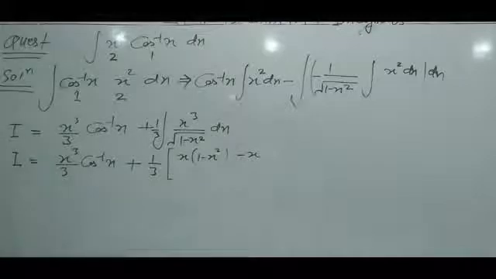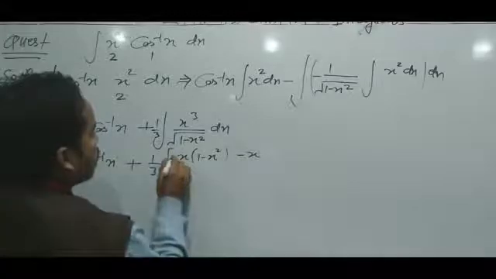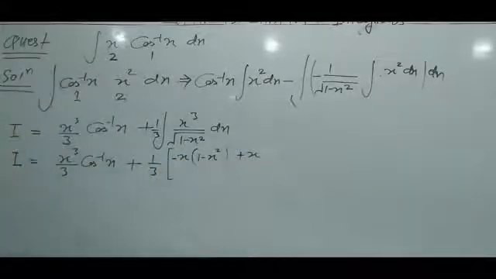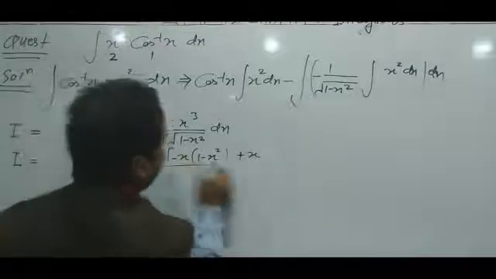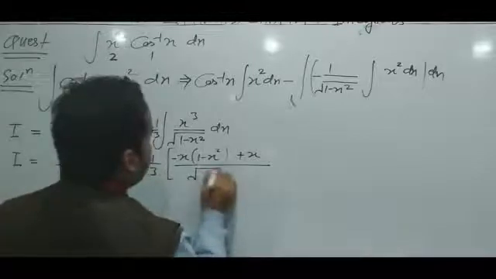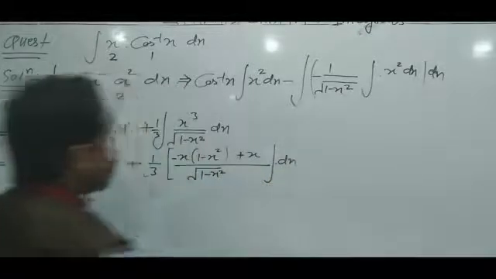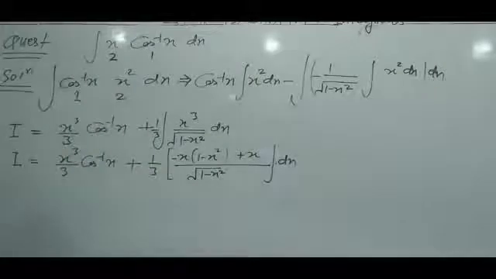Or we can write minus sign, this is x. So minus x plus x will cancel and this will be plus x cube, whole upon root over 1 minus x square dx. This function we have to integrate.